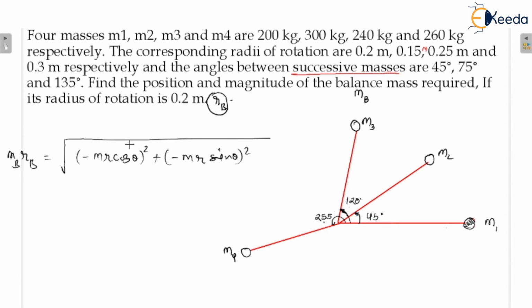So first we need to calculate the horizontal components and then the vertical components. First we are going to discuss MR cos theta for each and every mass.